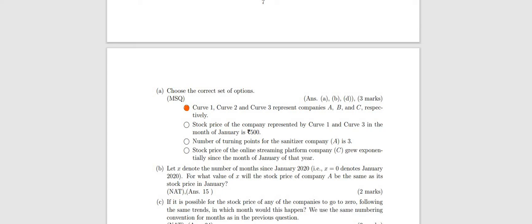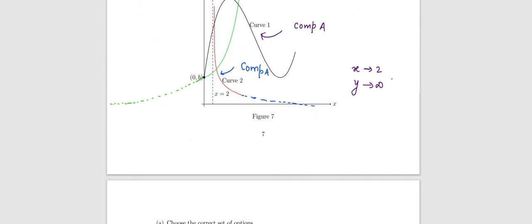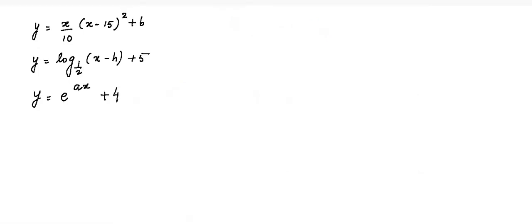Now let's see option B. It's asking that the stock price of the company represented by curve 1 and curve 3 in the month of January is 500. So it means that curve 1 and curve 3 have a common point of intersection, which is (0, b), and this point is going to satisfy equation 1 and equation 3. So let's see how it will look.